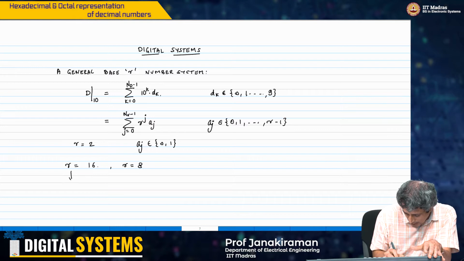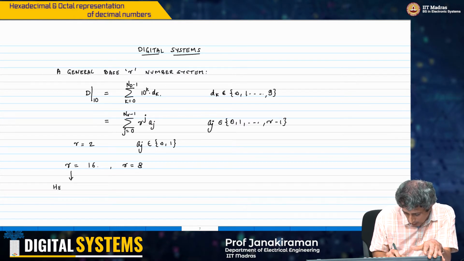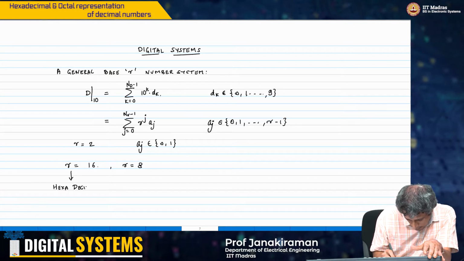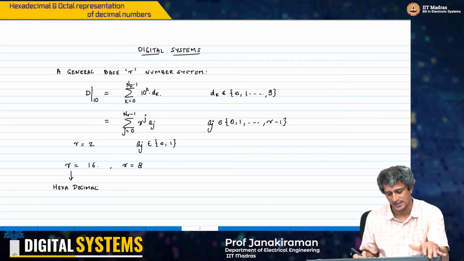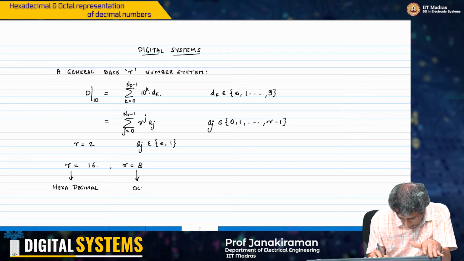When the base is 16, it's essentially called hexadecimal. Hexa is 6, decimal is 10, so it's 16. This is called the octal representation.